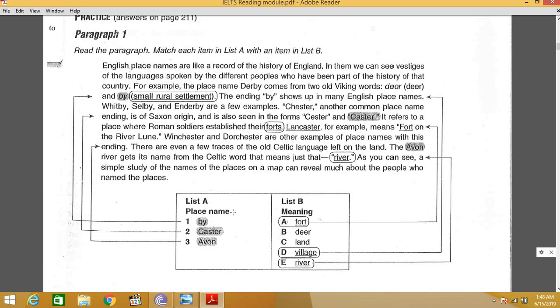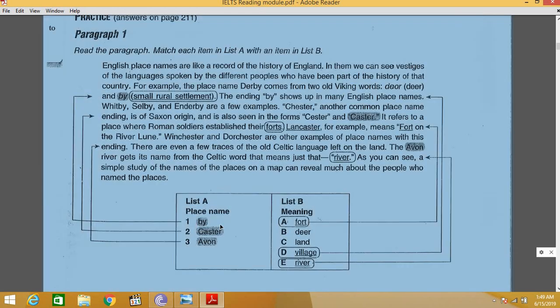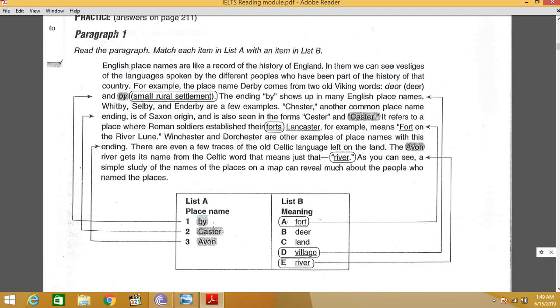Here we follow the same technique, which we call skimming and scanning. Again, I will explain what skimming means and what scanning means. Scanning means identification of this kind of word. They are not pronouns here, but you can easily find these words because there are no alternatives or synonyms for by, caster or Avon.